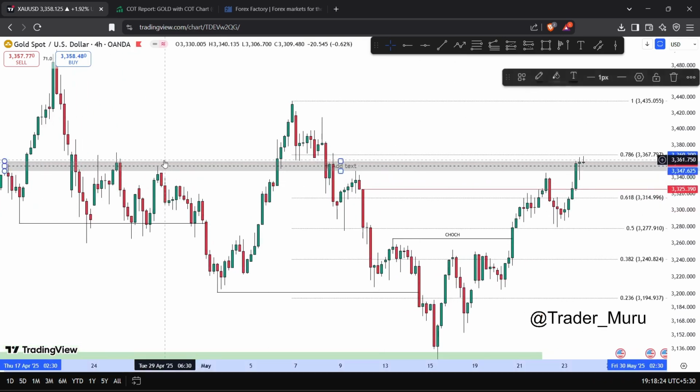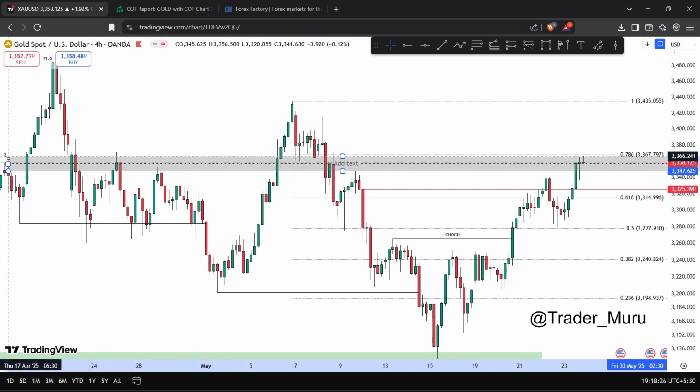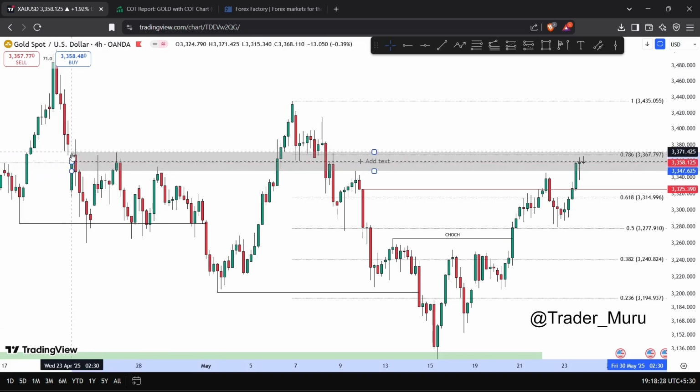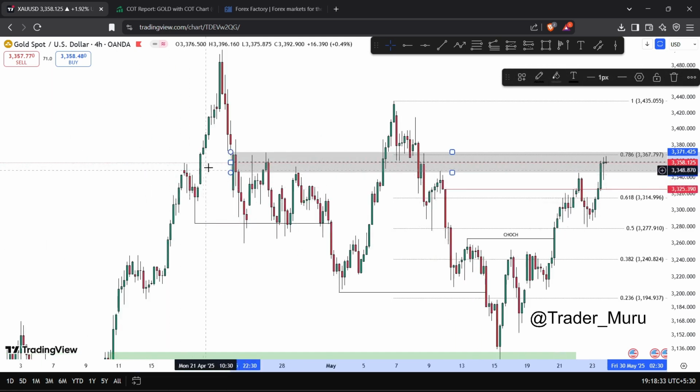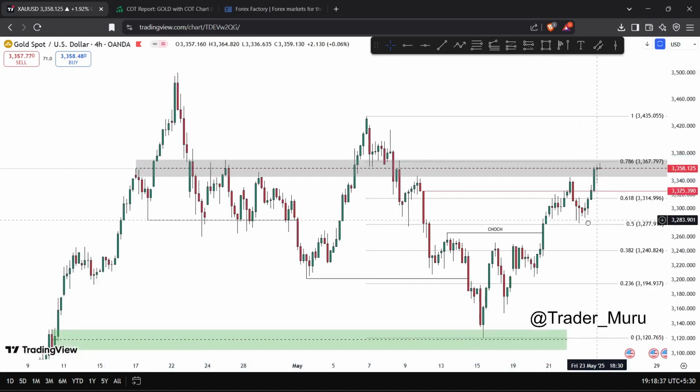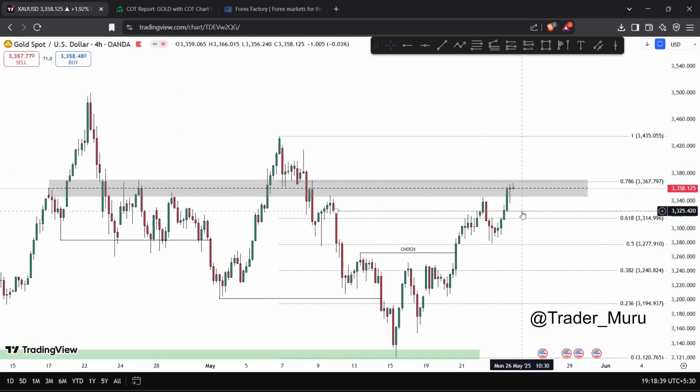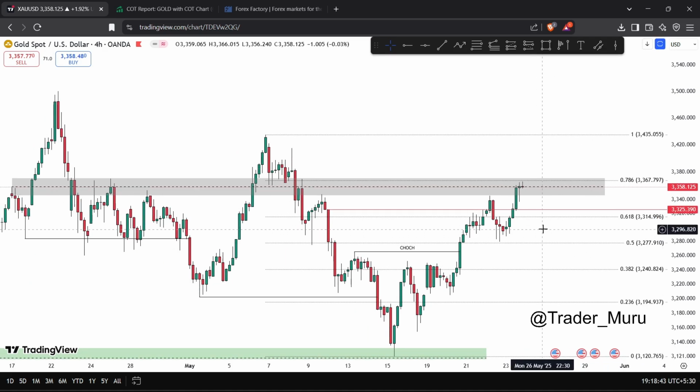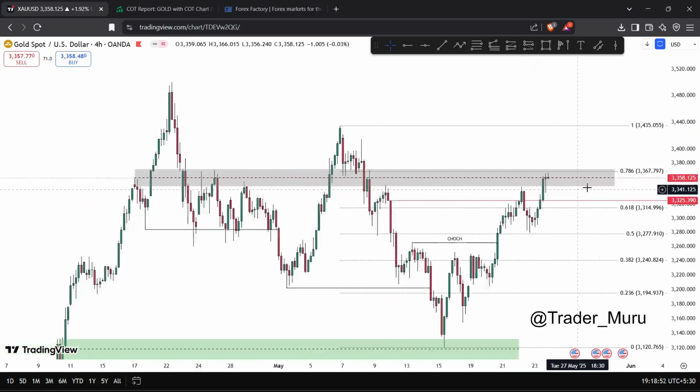If I mark this out on a bigger level like this one, then this is our proper resistance, from where we can see a smaller pullback around this 25 area. So first, this 25 area will be good for a bounce after rejecting from here.